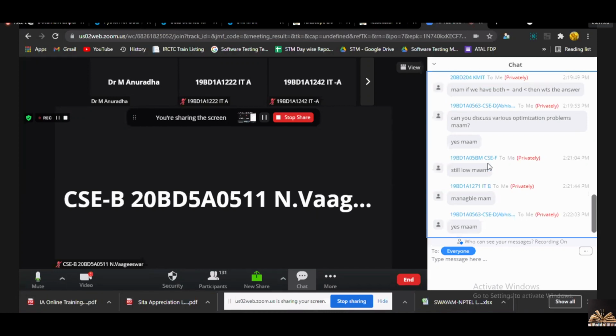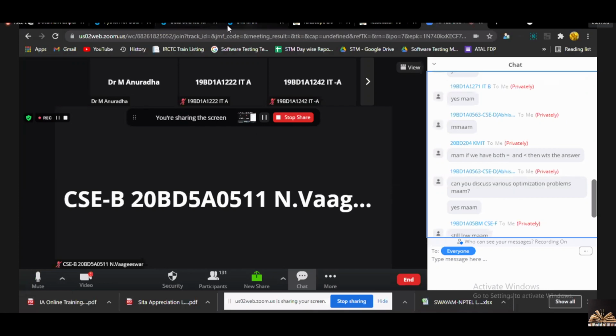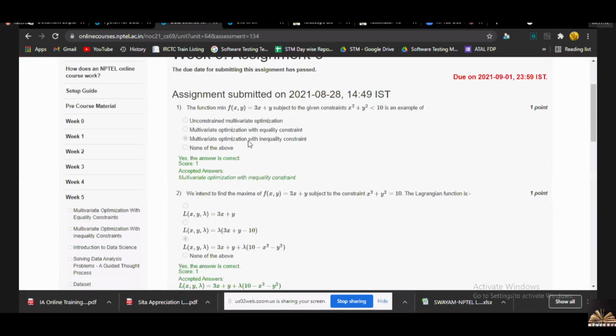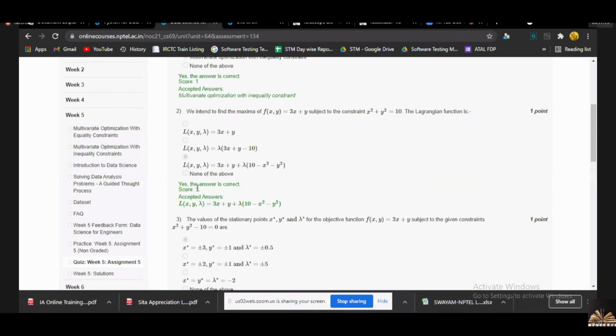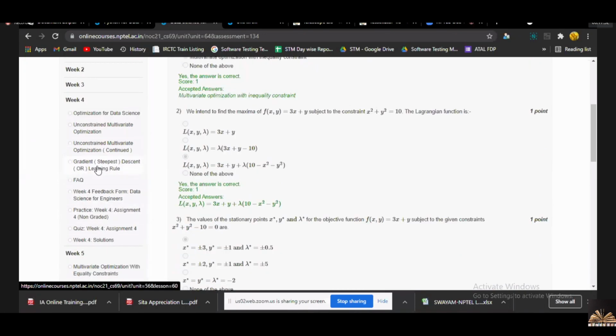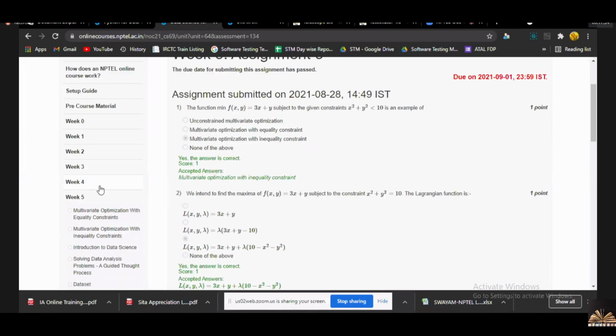Yes, fine. So, various optimization problems, that's what I told: unconstrained, multivariate optimization with equality constraint, and multivariate optimization with inequality constraints. You can check this in week 4. What do you mean by unconstrained multivariate optimization? Go through the gradient and all.